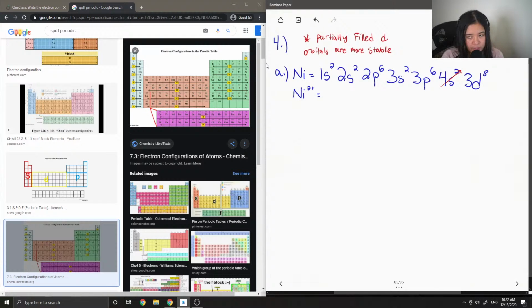Now that those 2 electrons have been taken, we can write the new electron configuration: 3p6 and then 3d8.